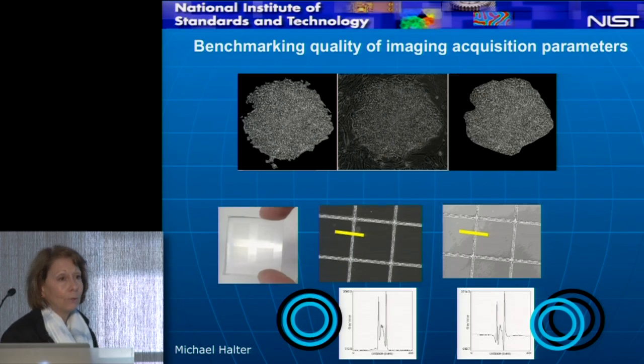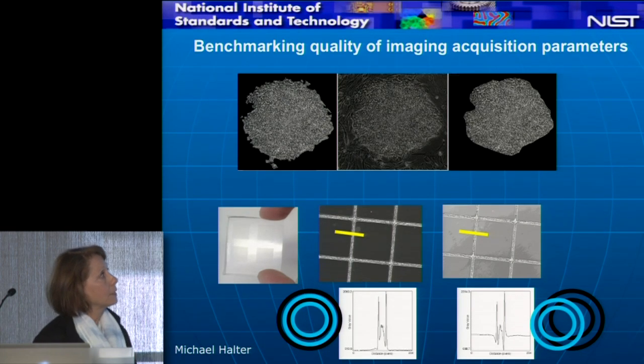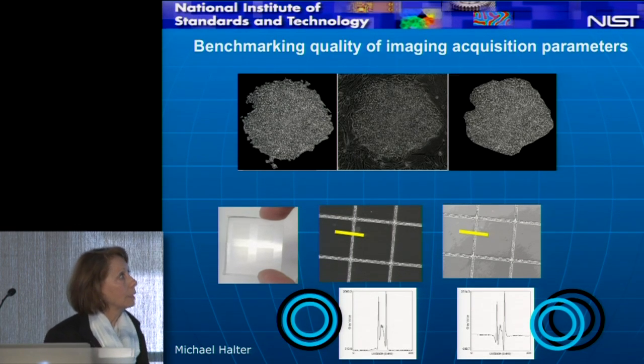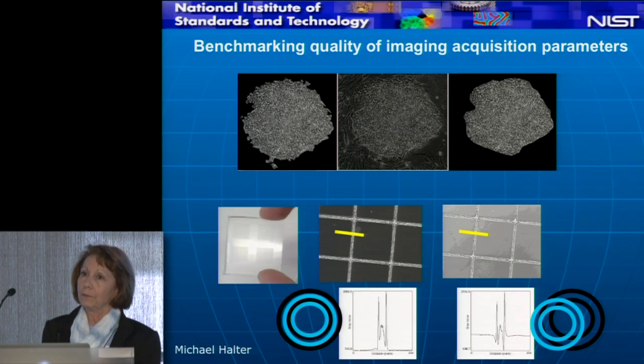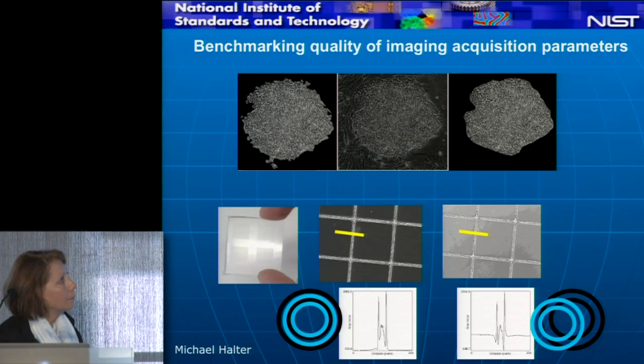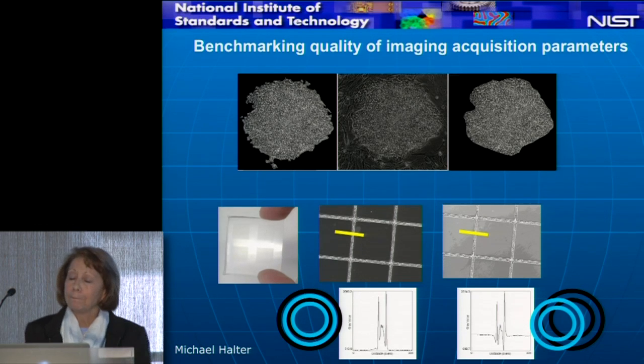And so in order to do this, Michael Halter, who will be giving a talk later today, created a material that gave us the ability to look at the phase contrast, the phase ring alignment, and give us a metric for the quality of the image.